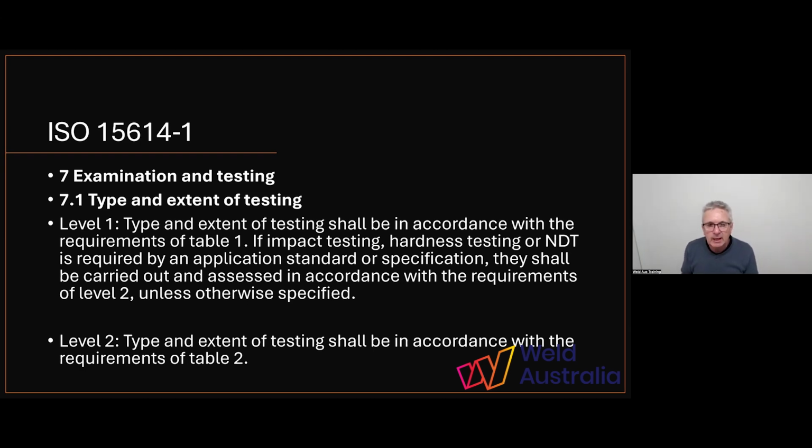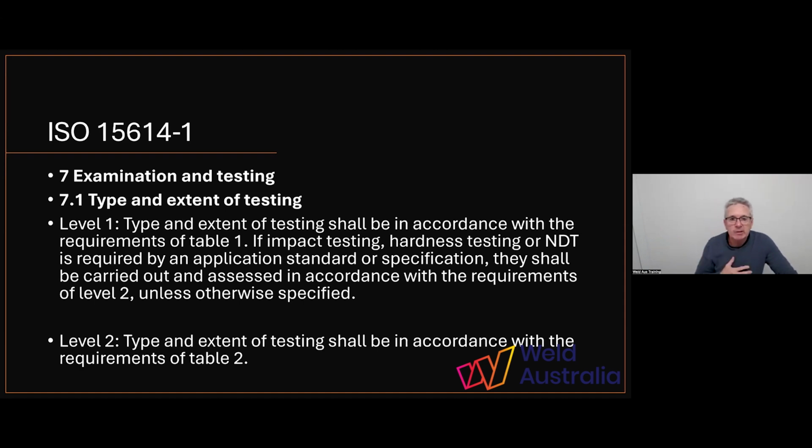So what you'll see there, level 1, the type of extent of testing shall be in accordance with the requirements of table 1. If impact testing, hardness testing, or NDT is required by an application standard or a specification, they shall, and if we ever see the word shall, it means it's mandatory, be carried out and assessed in accordance with the requirements of level 2 unless otherwise specified.